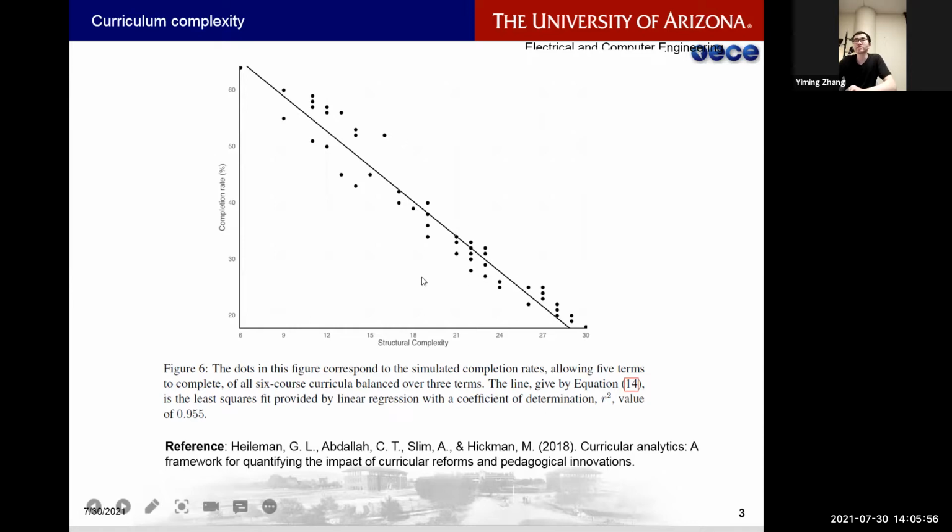We can tell from the regression line here, the students' completion rate drops down as structural complexity increases. Which means if we want to increase students' performance, we better decrease the curriculum complexity as much as we can. And in the next couple of slides, I will go over the definition of curriculum complexity, how we calculate it.